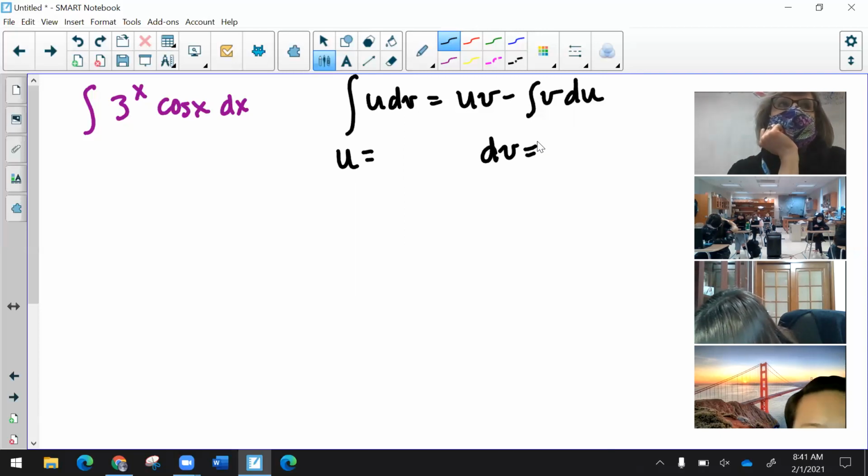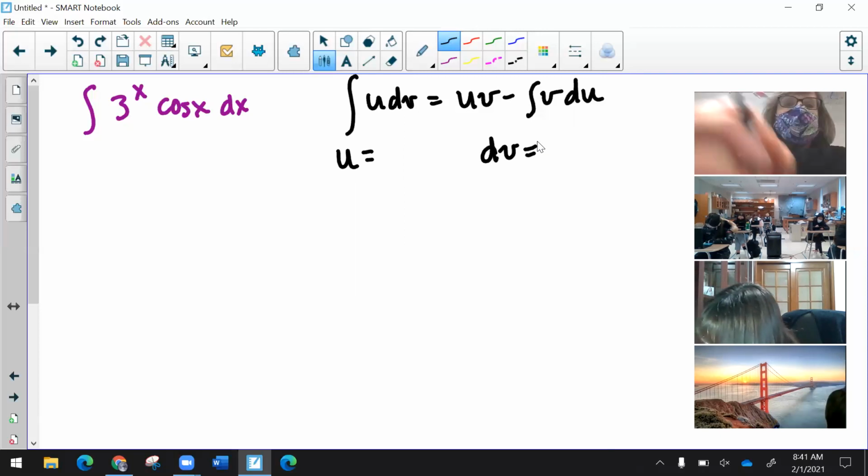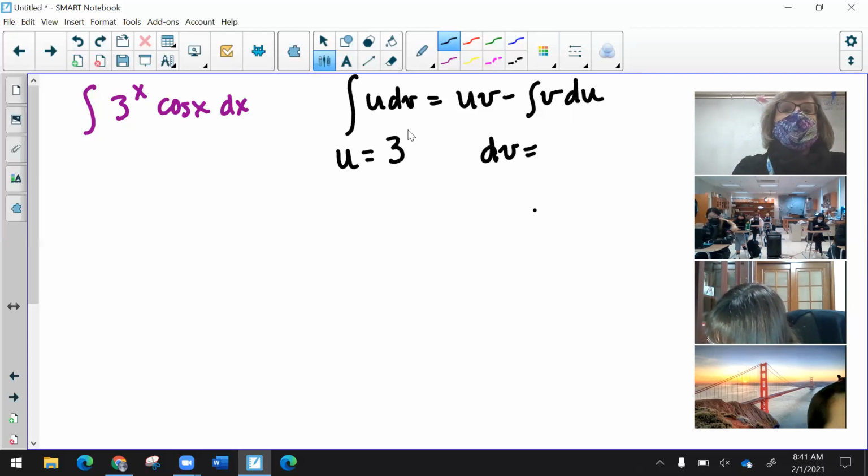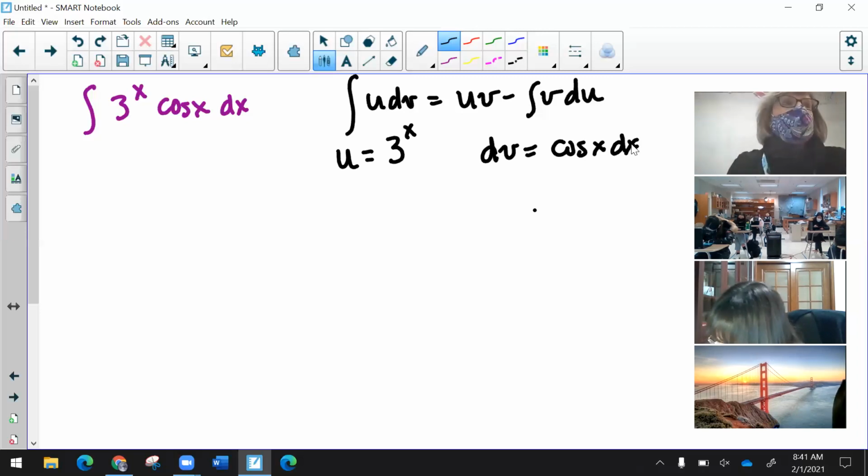Okay, I'm going to make my u 3 to the x. That means my dv is cosine x dx. Let's do the v first because it's easier. So it's the antiderivative of cosine x dx. Sine x.